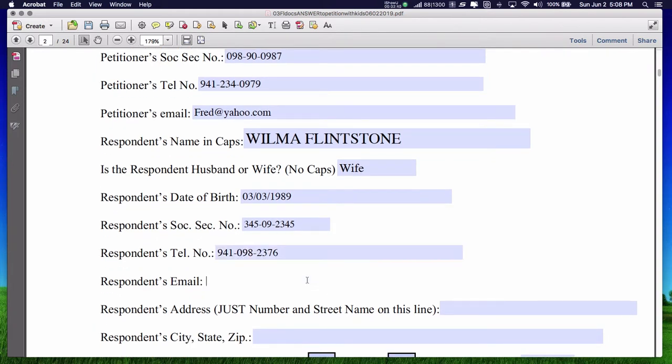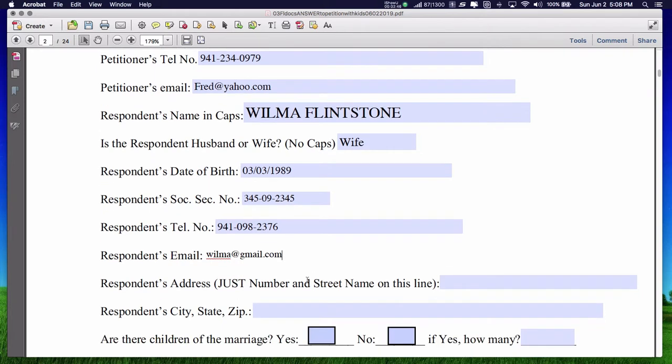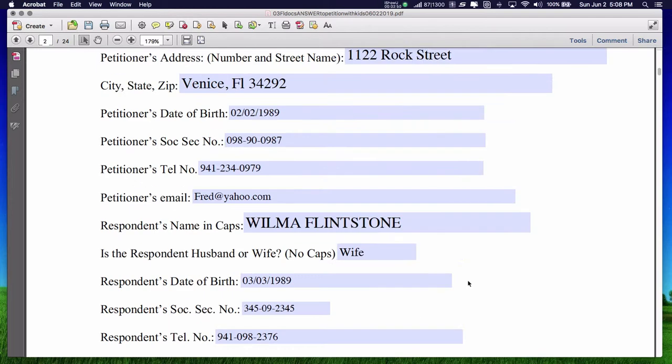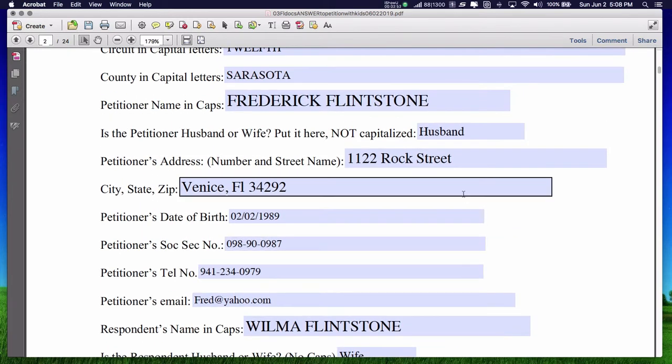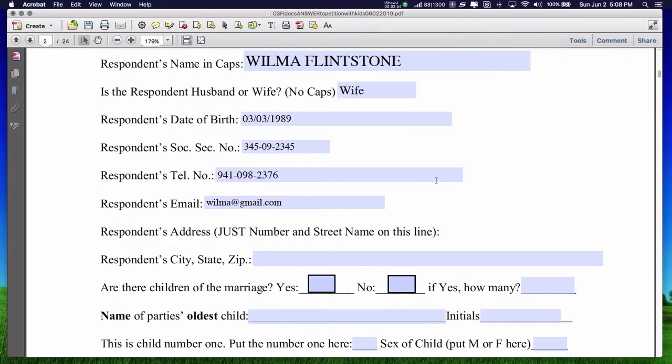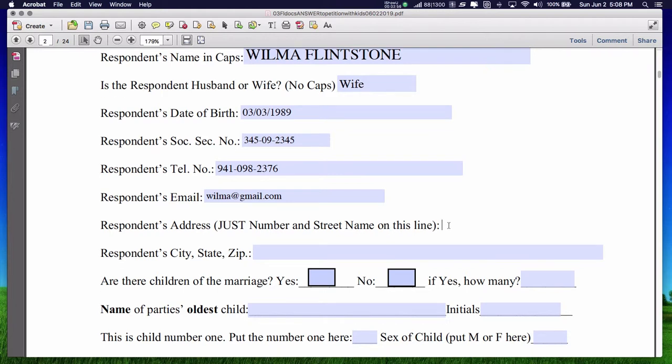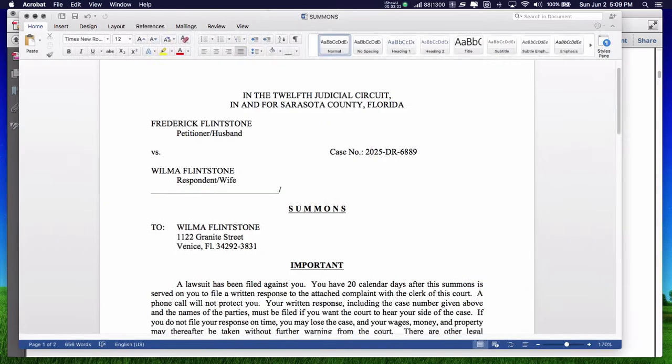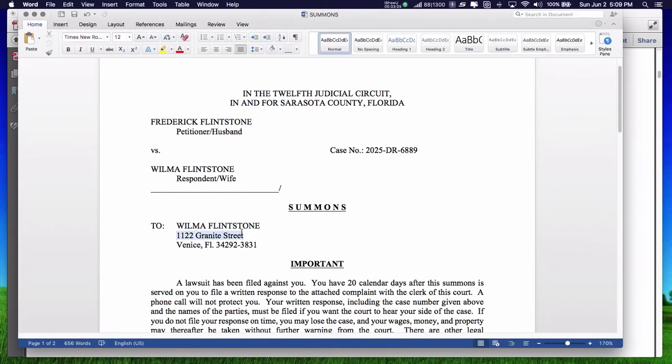And your email. Okay, and your address. Let's say you moved out, you're no longer living with Fred, who lives on Rock Street. Whatever your address is, you put in here. So obviously, it's going to be the same as was on the summons.